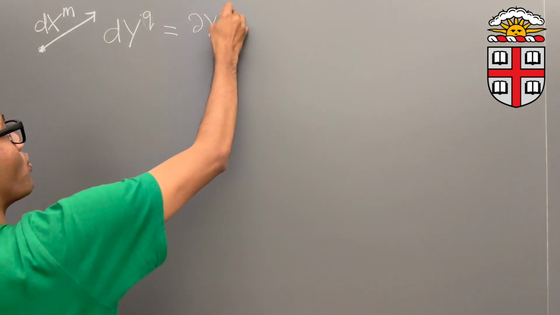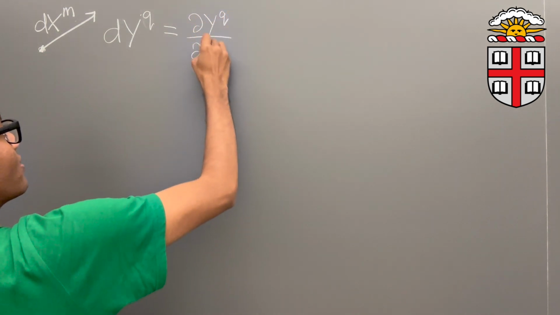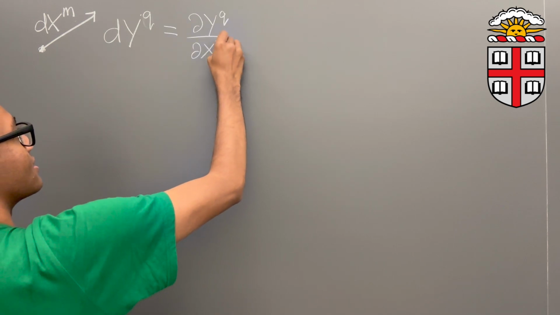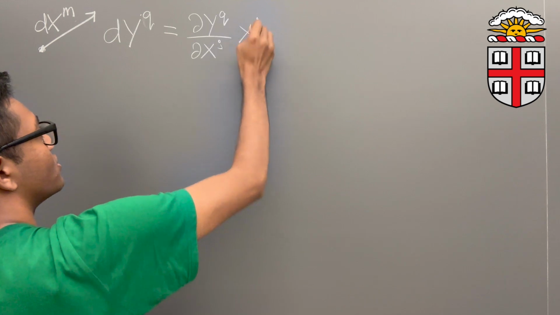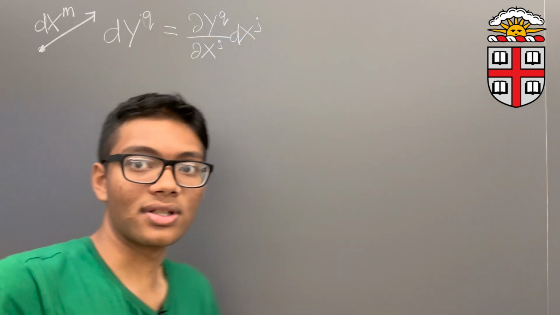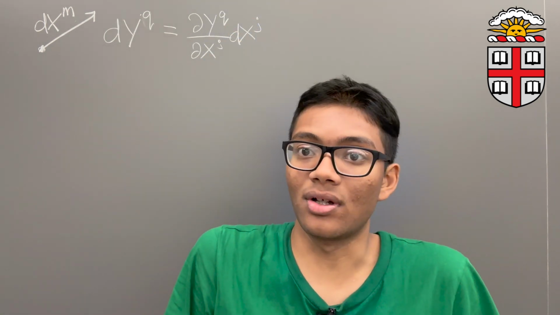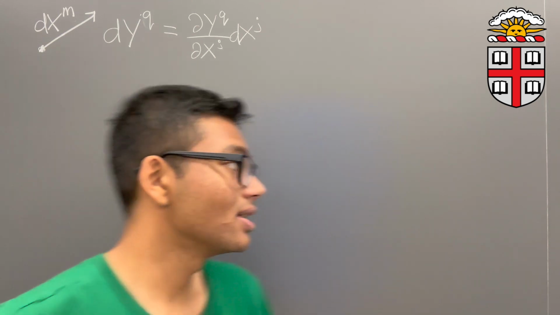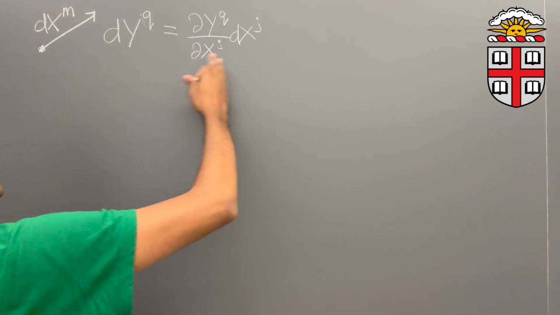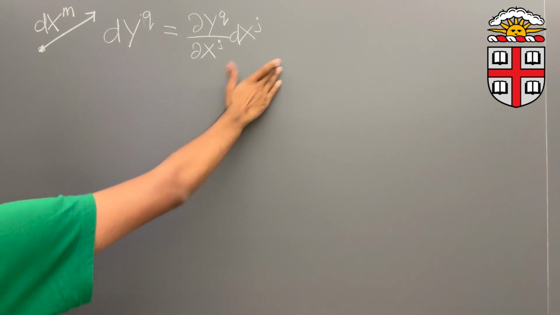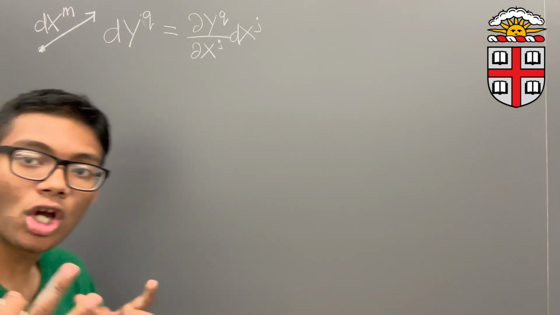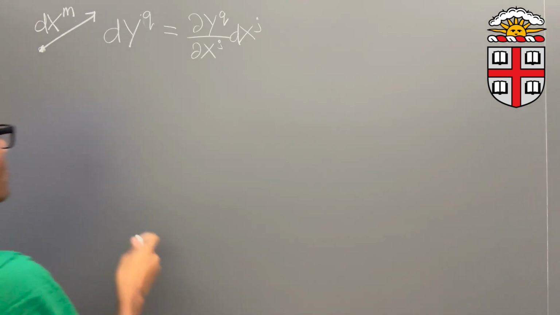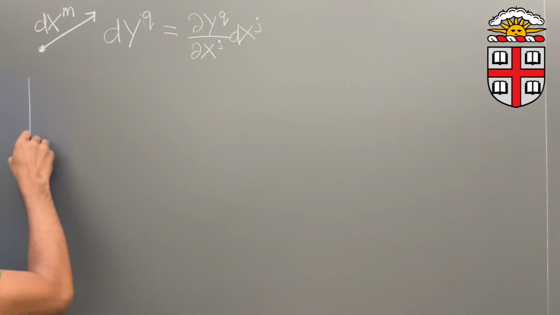You say it's partial y to the q divided by partial x to the j, some dummy variable, times dx to the j. That's all there is to it. And that's all there is to contravariant vector components. You can see it's just a basic version of the chain rule. And what about covariant vector components? Well, those come from the idea of a scalar field.